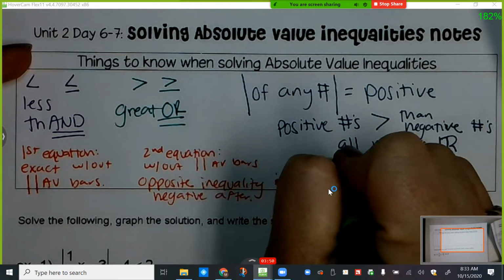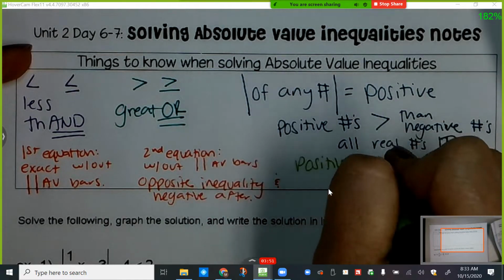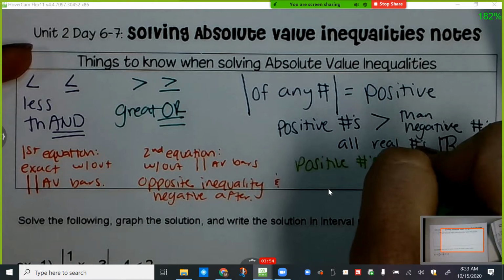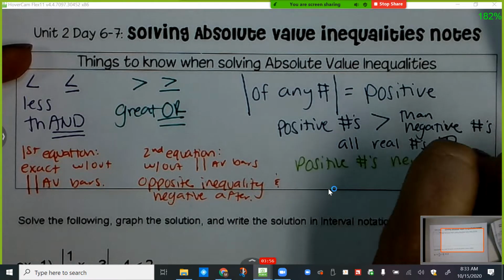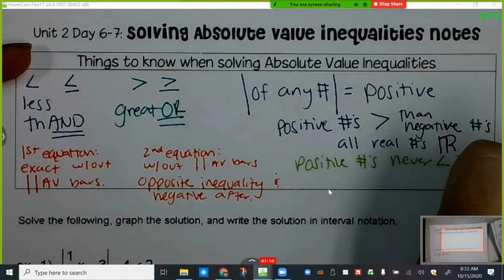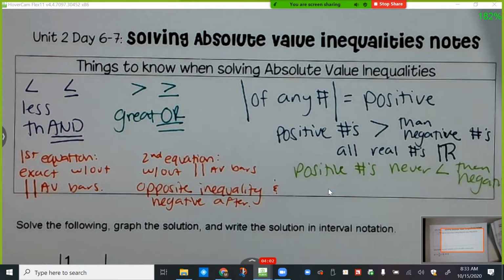Now, positive numbers are never less than negative. So if you ever see an absolute value is less than -5 or negative anything, what do you think your answer would be? No solution.